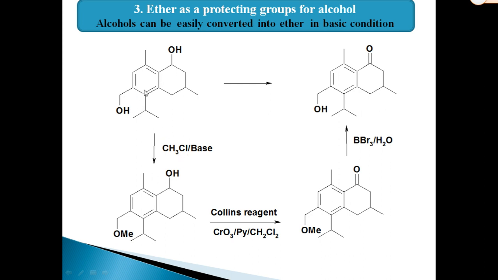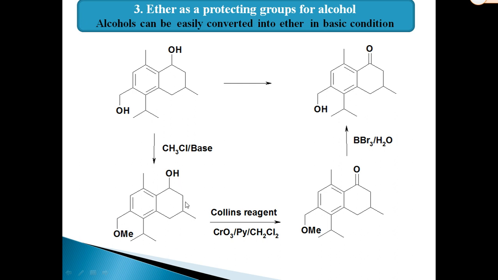See here, this is the primary hydroxy group and this one is the secondary hydroxy group. When this compound is treated with methyl chloride or methyl alcohol in presence of base, HCl is removed and there is formation of methoxy group. In this way we have protected this hydroxy group, converted this hydroxy group into the methoxy group.